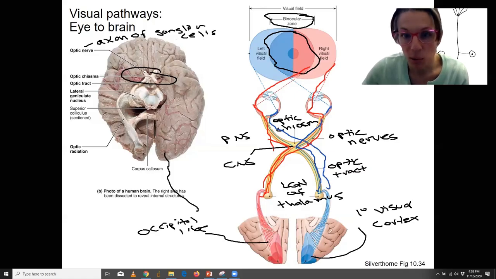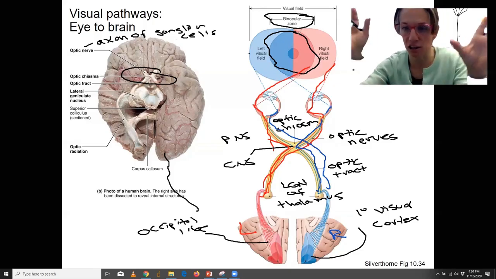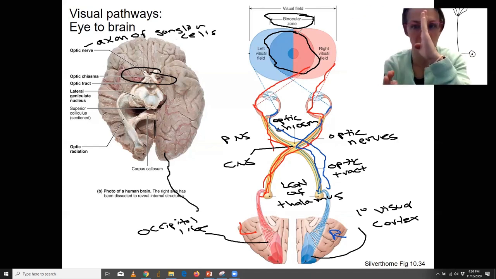So now the right side of the brain receives information from the left visual field, the left half of what you're seeing. The left half of the brain gets information from the right visual field, because this then provides you with a unified picture of what you're seeing. So basically for visual field, instead of just being right half of the body, it's the actual half of your visual field.